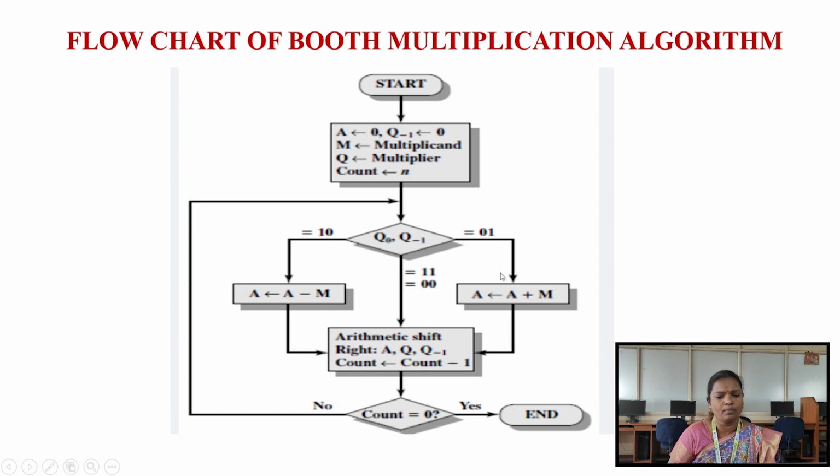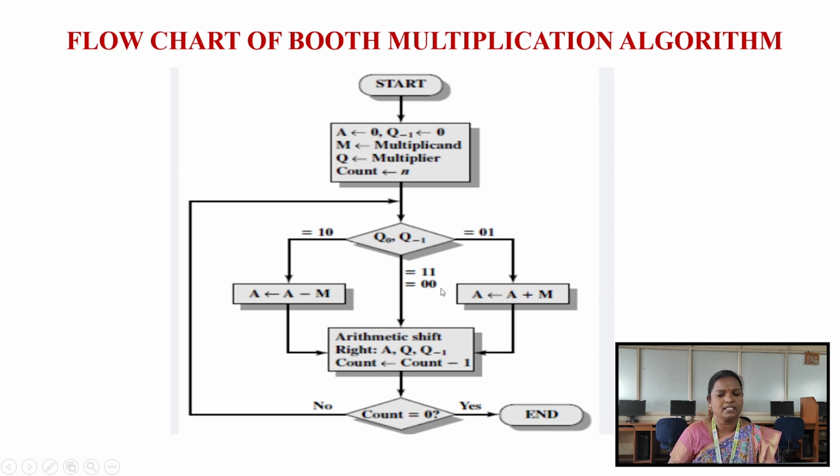If Q0 and Q minus 1 is 1 1 or 0 0, then we are not going to perform any addition or subtraction operation. Directly we can move to the shifting operation. For each step the count is going to be decremented. At the last step, when the count becomes 0, we are going to end this process.